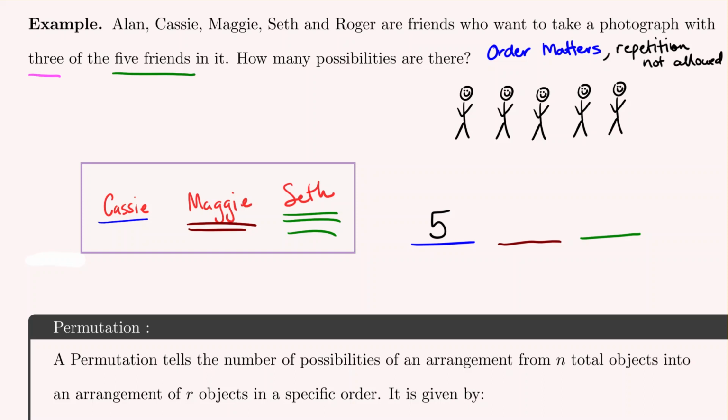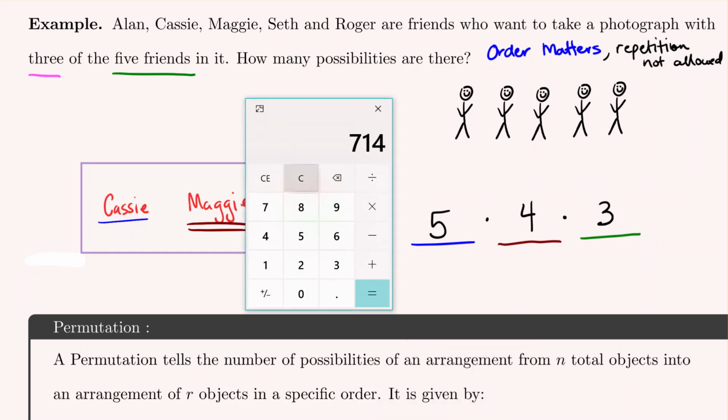So when trying to determine who could go to the middle position, we can't have the person who's already here, so there's now only 4 possibilities. And then by similar reasoning, the last position, 2 people have already stood up, so there's only 3 remaining people that we could choose from. So this is the number of ways each step could occur, so the number of ways the entire process could occur could be found by multiplying those.